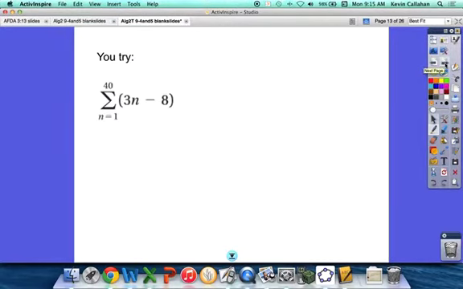Okay, this is one you definitely can use the formula on. Right? Again, you're going to plug in this formula, Sn, n over 2, (a1 plus an).